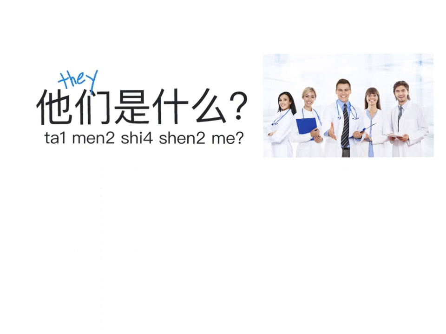Remember that 他 is he or she, but if you add a 们, it becomes plural. So he or she becomes plural, it becomes they. And then again here is a 是. Can we still use is? Not anymore, because they is plural. So it should be they are instead of they is. Now 什么 is again what.